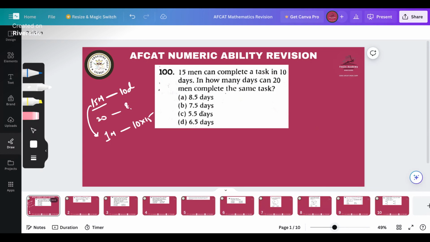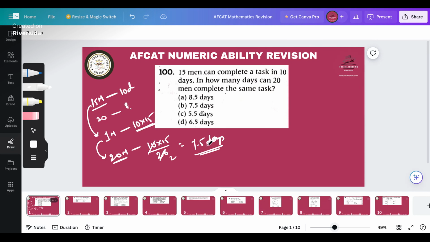That's why we have written 10 into 15, in multiplication. And now if we have 20 men, even less time will be required than this. So if we write this 20 in multiplication, the days part will get increased. That's why we'll be writing it in the denominator. So what is the answer? 7.5 days is your answer.